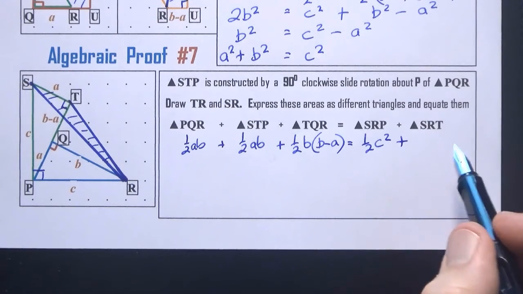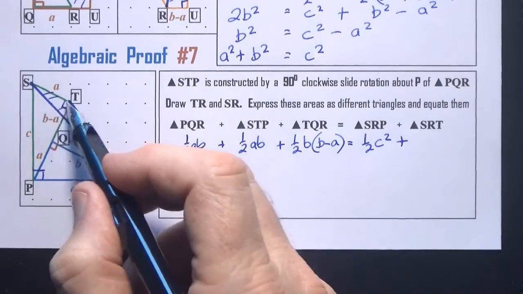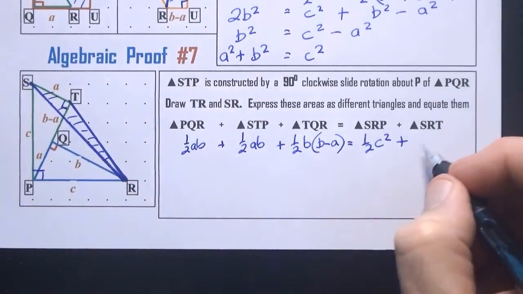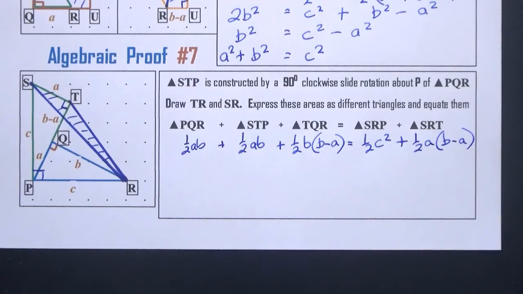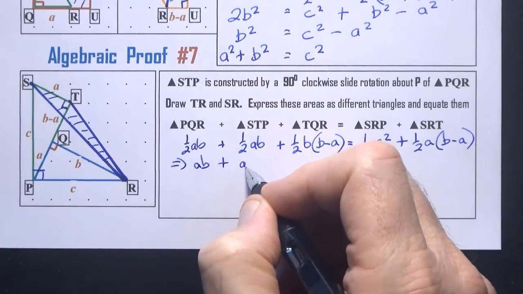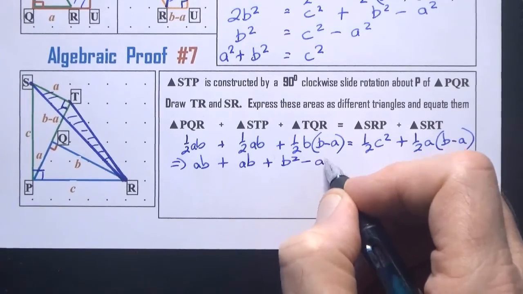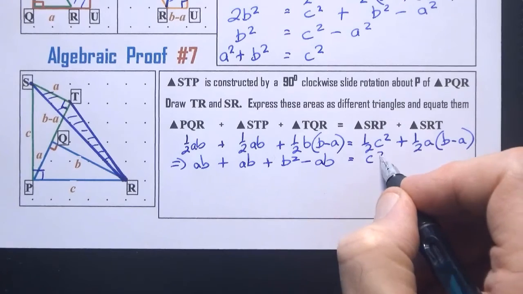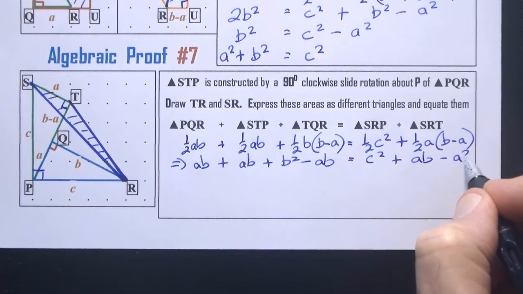And triangle SRT has a base of A and a height of B minus A, so that's half A times B minus A. Multiply the whole expression by 2 and we get AB plus AB plus, expand that, B squared minus AB equals C squared plus AB minus A squared.